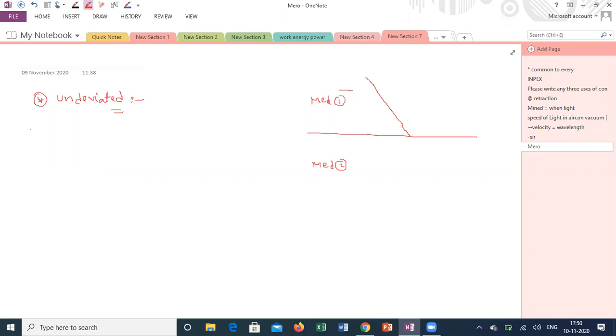Yeah, sir, if the refractive index of the two mediums are equal, then the light is undeviated. Correct. Just I will show a small table which shows the absolute refractive indices of different mediums.